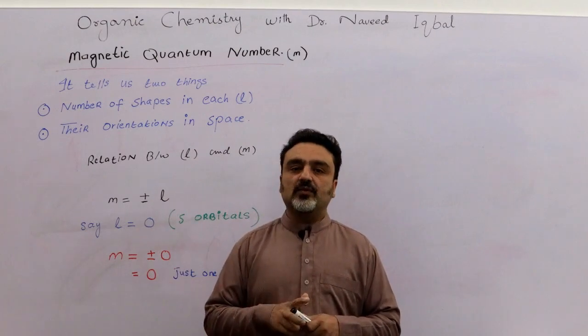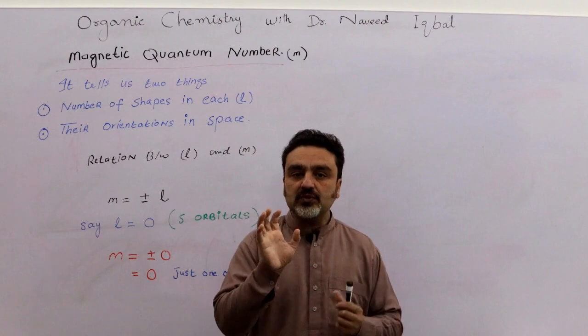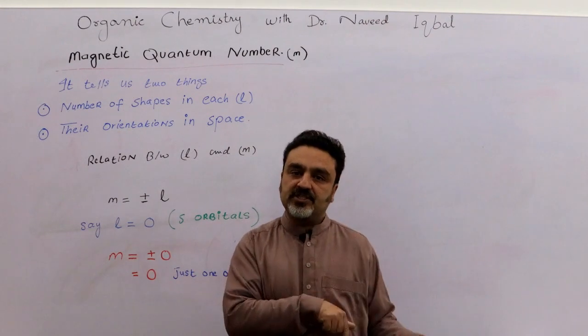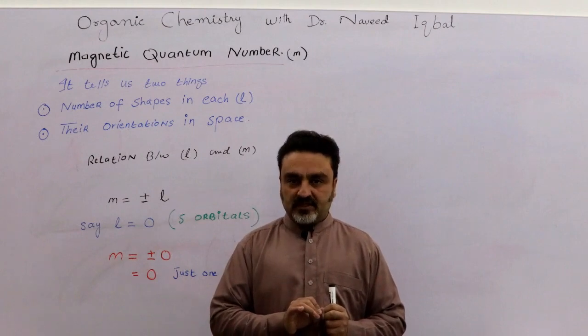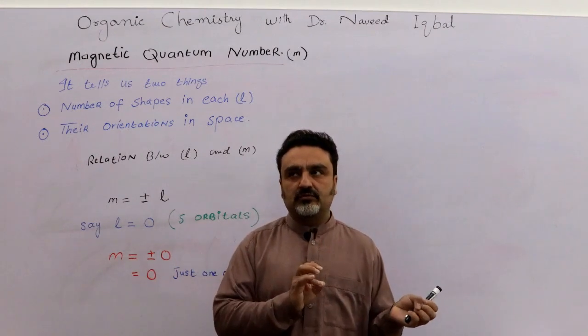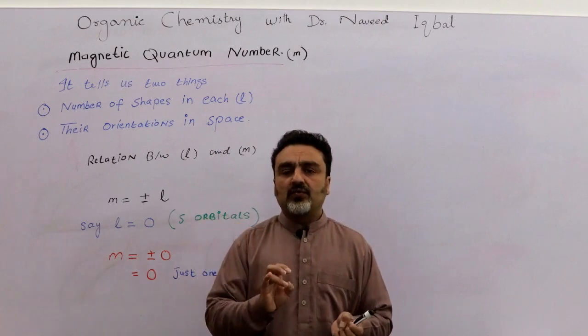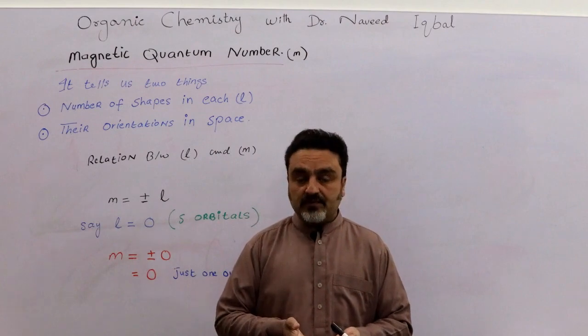Now the azimuthal quantum number gave us some other numbers, what shapes are present inside that principal quantum number or that shell. What shapes the shell is composed of.